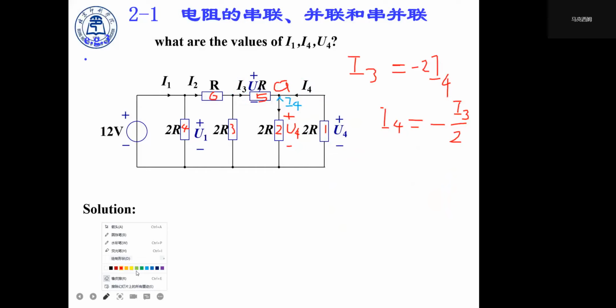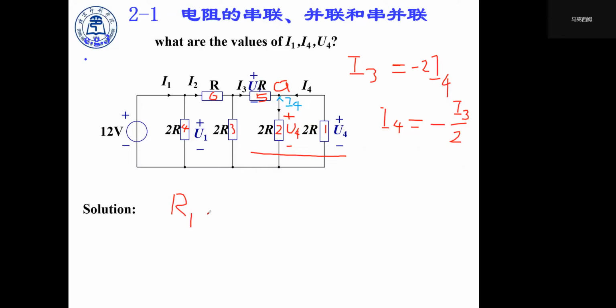So let's continue. Since resistor 1 and resistor 2 are in a parallel form and their values of resistance are identical, we can replace this branch of 2 by using one single resistance. We call it R1 and R2.